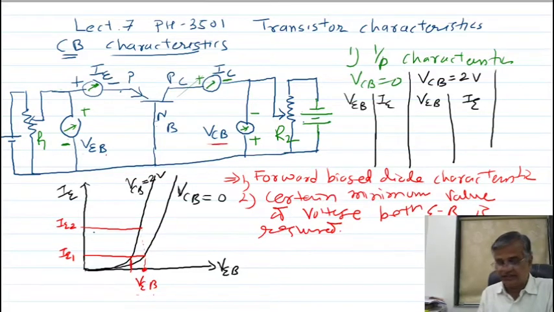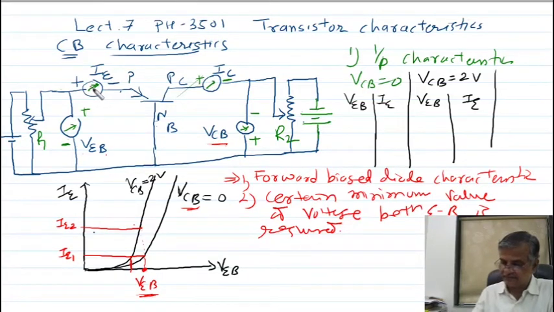As you increase the collector base voltage, the emitter current increases. You can see here. The emitter base voltage is constant, and as you increase the collector base voltage, the emitter current increases. That I am discussing now.